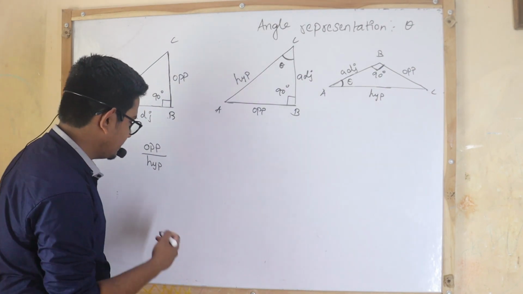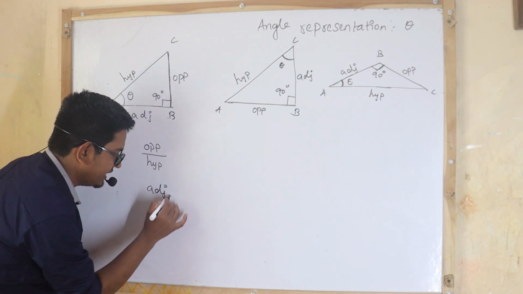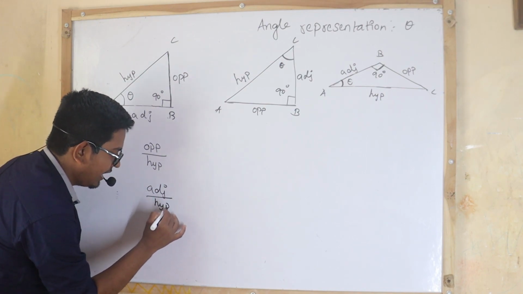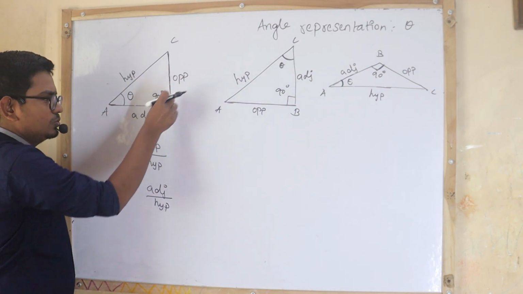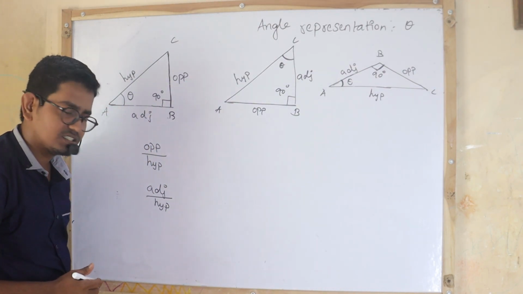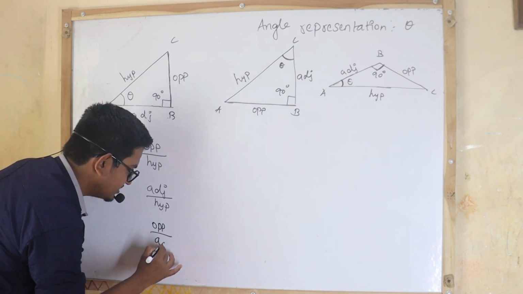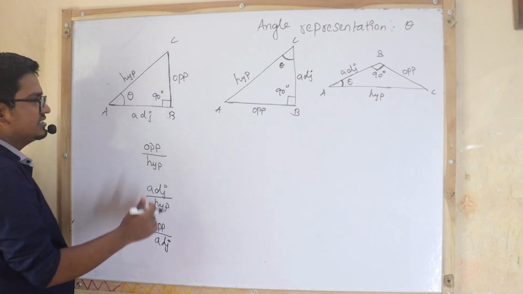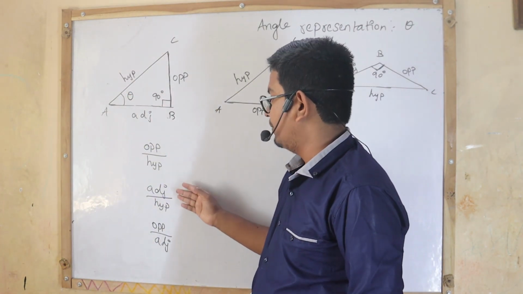The second ratio I can make is adjacent upon hypotenuse. It is my second possibility. And my third possibility is that I can make the ratio of these two sides, that is opposite upon adjacent side.